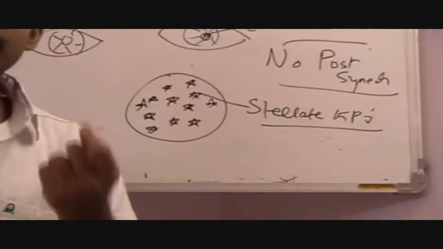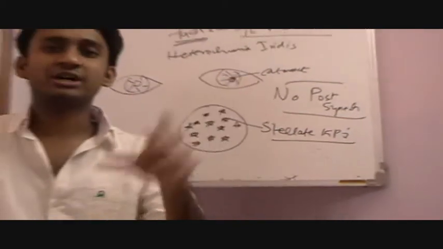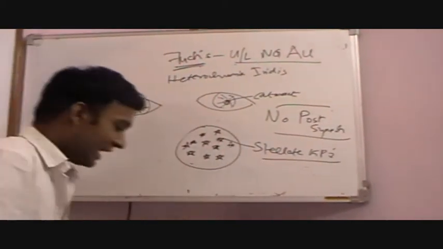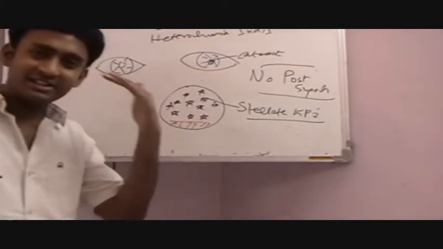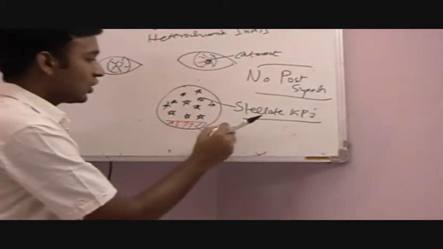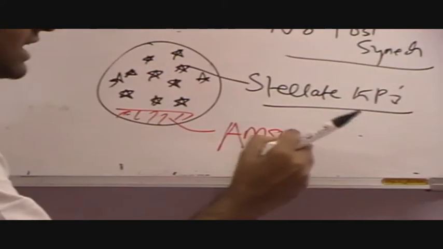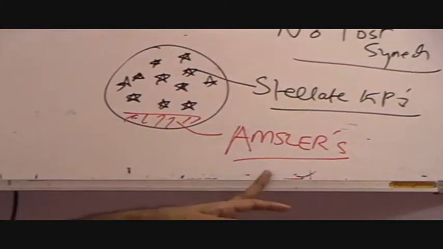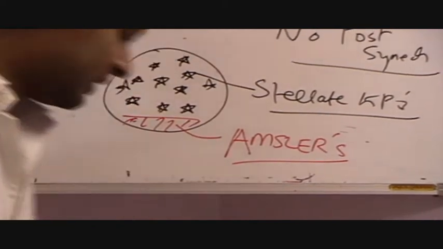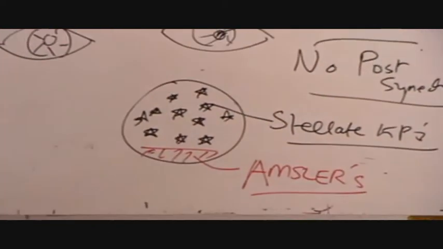The small vessels in Fuchs will spontaneously rupture, thereby forming hyphema in the anterior chamber. This is called Amsler's sign. These are some important points about Fuchs.